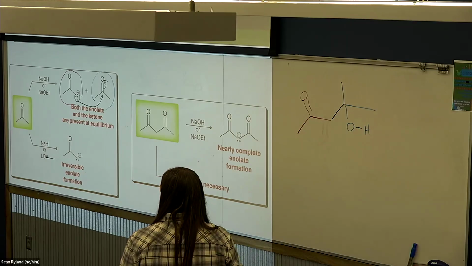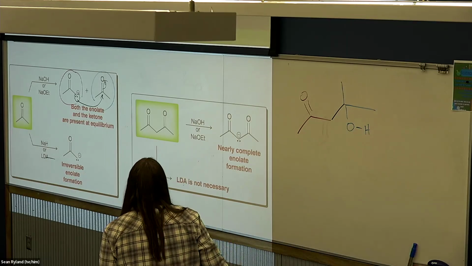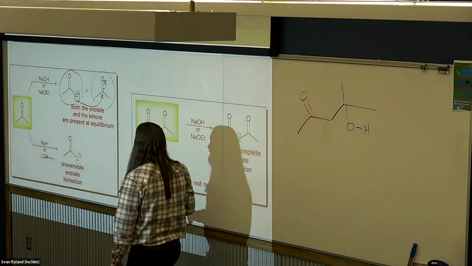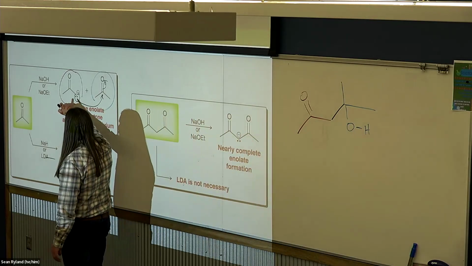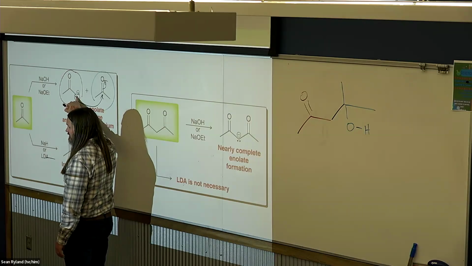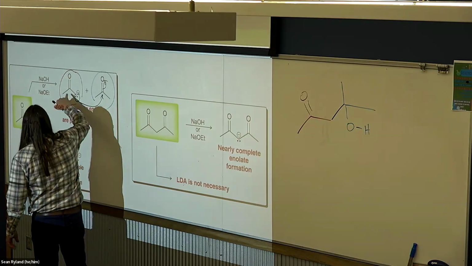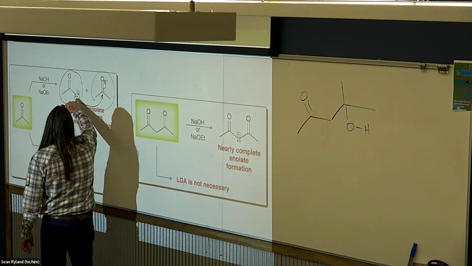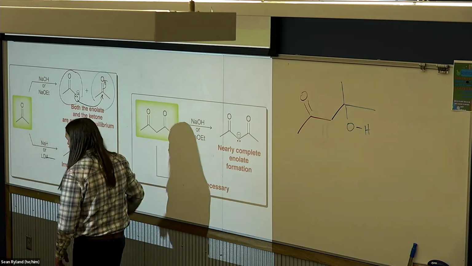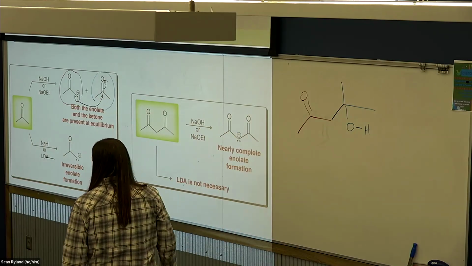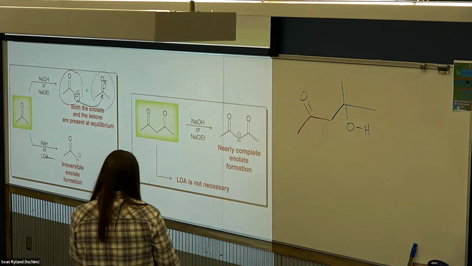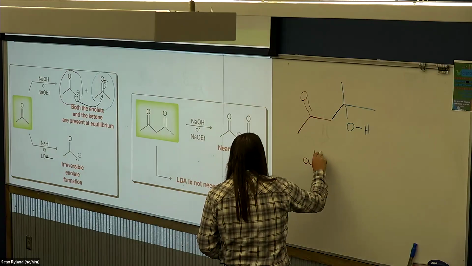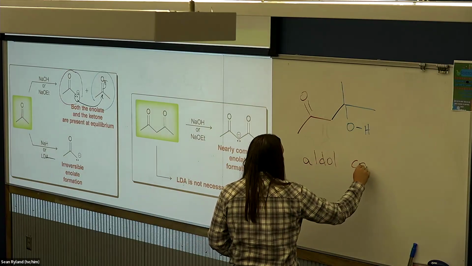By far, the trickiest thing about this is keeping track of which alpha carbon is going to add to the carbonyl carbon. Our enolate's alpha carbon is going to stay as the carbonyl, and the carbonyl carbon that gets added to gets turned into an alcohol. What's this called? This is called an aldol condensation.